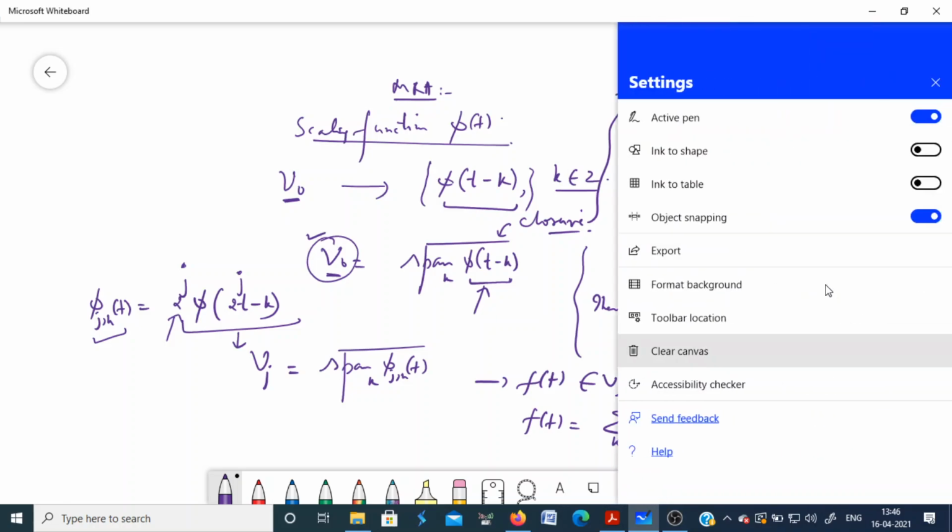What it means actually, suppose you take a simple example, let us suppose I take a Haar scaling function, otherwise you may not understand it. The Haar scaling function is defined as a unit width and unit height pulse. This is the Haar scaling function phi t, a rectangular pulse from 0 to 1, its height is 1.